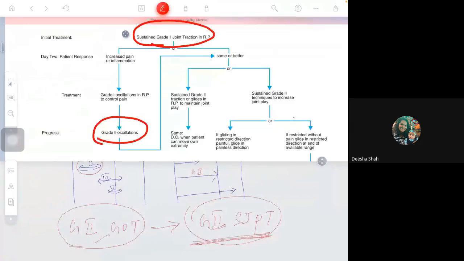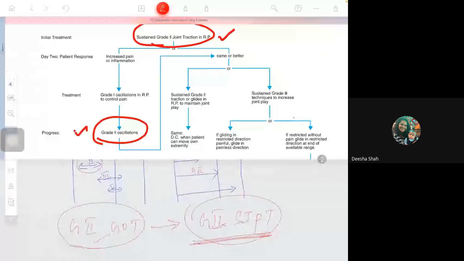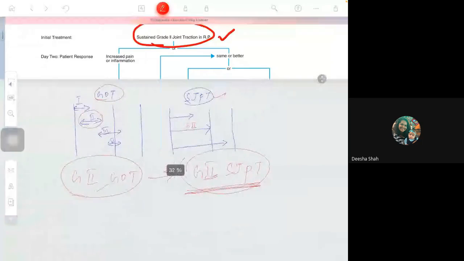So what have you done? Before doing grade 2 oscillation, what did you do? You gave grade 2 traction. Before giving grade 2 oscillation, you had given grade 2 distraction. This is the rule. Okay, next. Why this is to be followed, I will tell later.